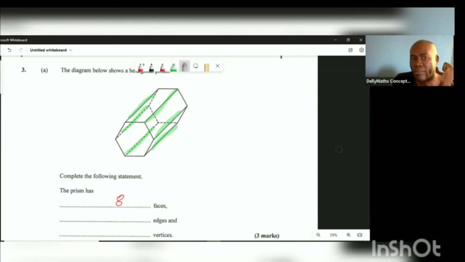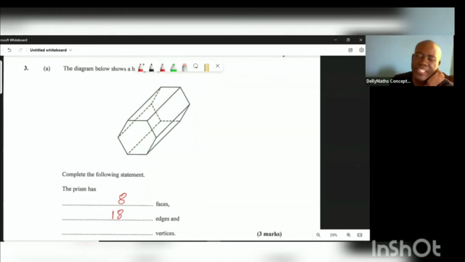Then outside of those 6, we have 7, 8, 9, 10, 11, 12, then 13, 14, 15, 16, 17, 18. So overall, we find 18 edges.